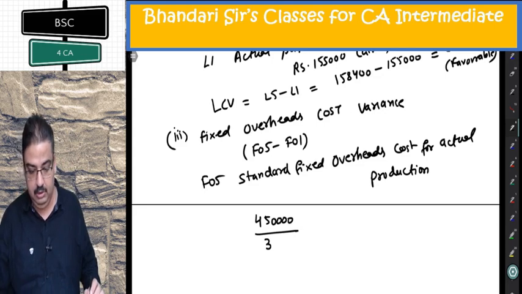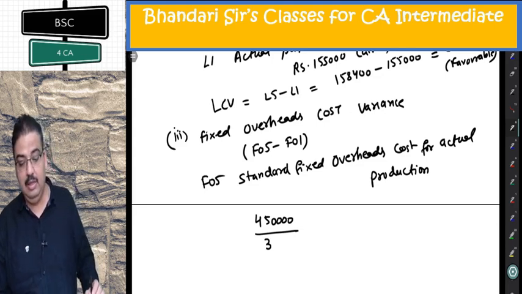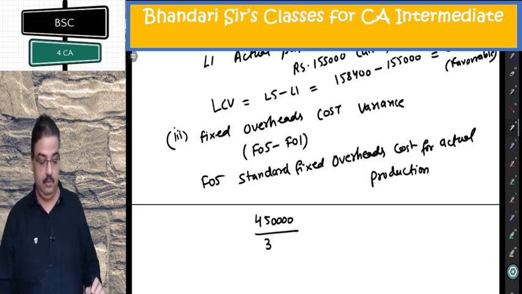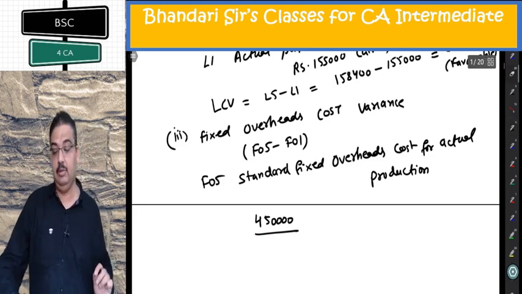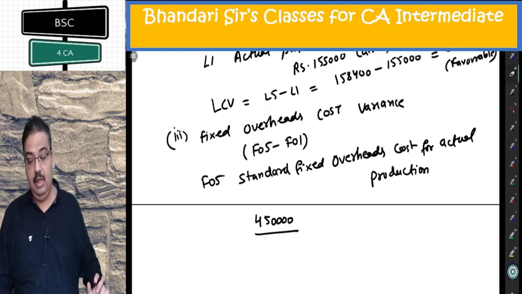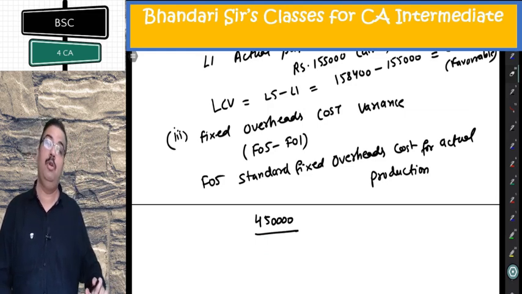Looking at the question, they are given indirectly. 5,000 units are given indirectly. How did I get? 30,000 hours were planned and in 6 hours 1 unit was to be produced.